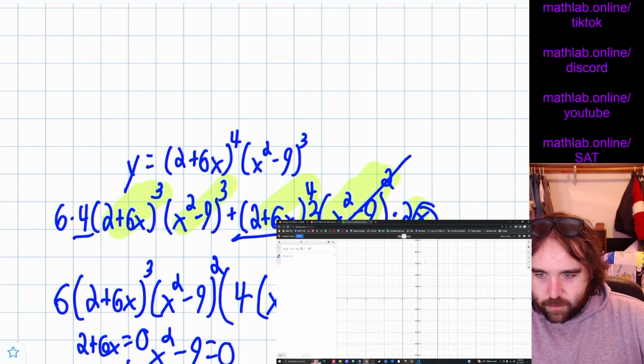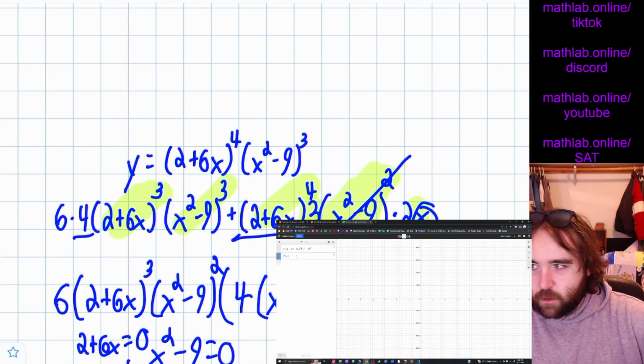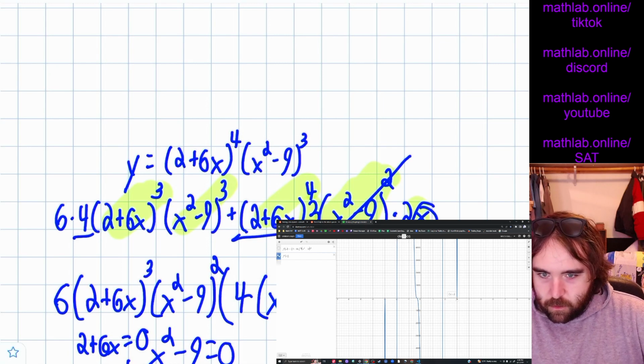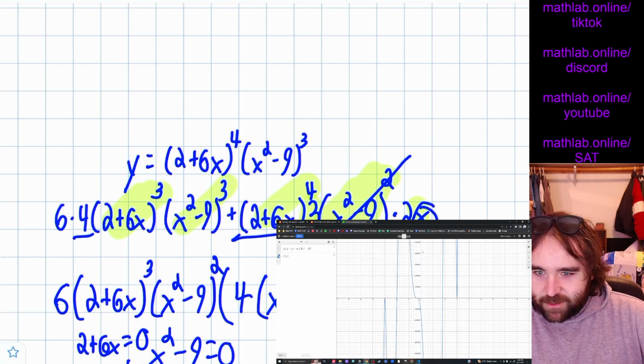I don't get what Desmos is doing here with this solve. Yeah. What? Is it just because it touches that it doesn't get it?